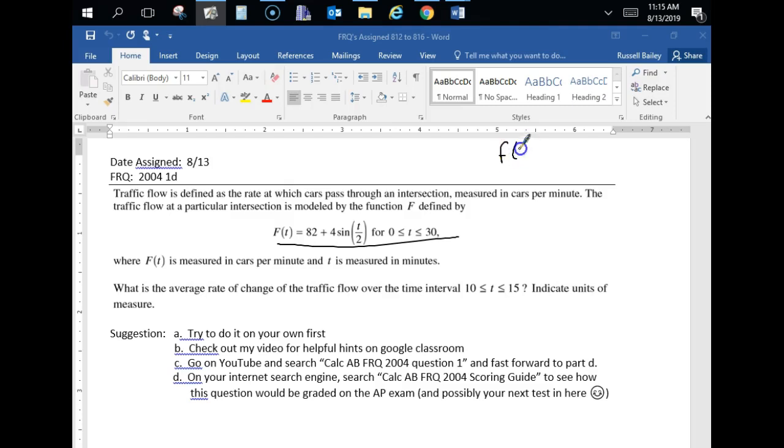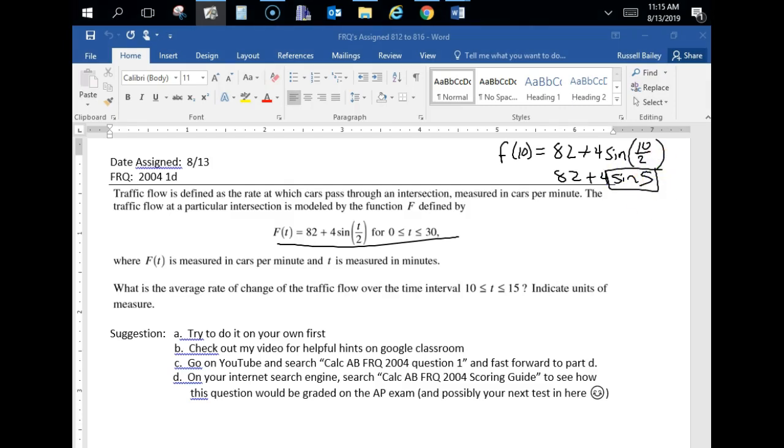Suppose I wanted to plug in 10 to this function here. So I would replace t with 10. And so now I've got 82 plus 4 sine of 10 over 2, which is 5. Well, I need to figure out what sine of 5 is.